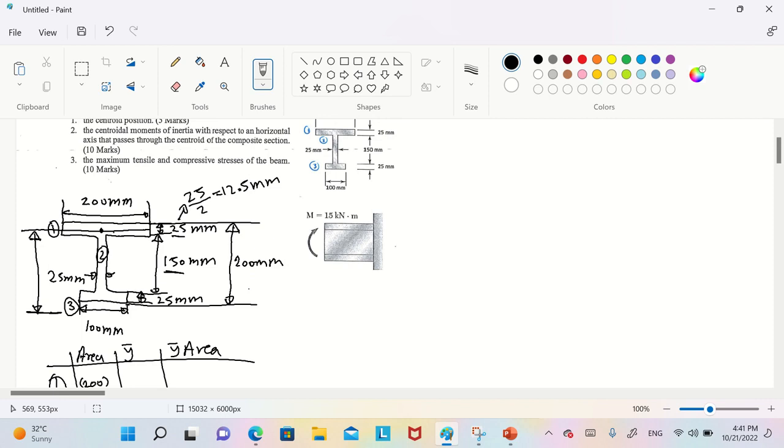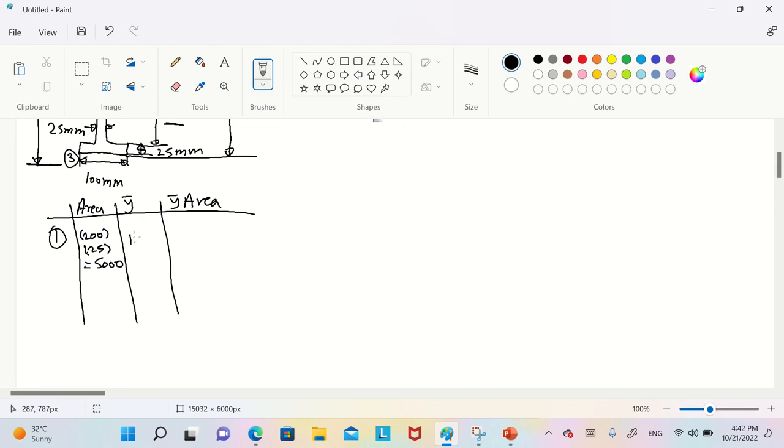So to find the y bar for the first one, we subtract 12.5 from 200. So it will be 200 minus 12.5, so 187.5. So it will be 187.5.